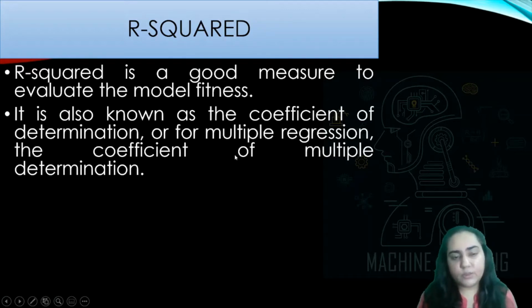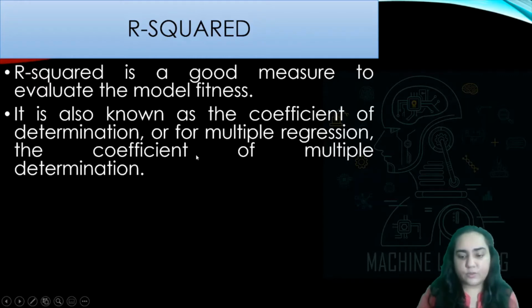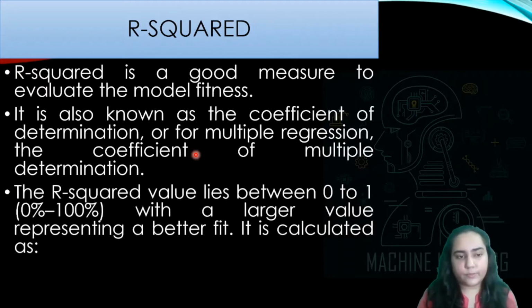But if you have a multiple regression where you have multiple x variables that are used to predict one y variable, so you have many independent variables, then in that case, R-squared is also called the coefficient of multiple determination. Now, what can be the value of R-squared? It can lie between 0 to 1. In percentage, it would lie between 0% and 100%. If it has a higher value, that means your fit is better. That means your regression model is doing better.